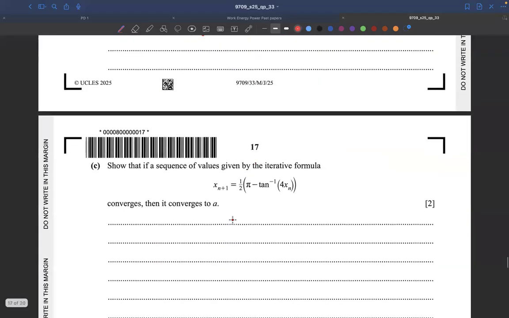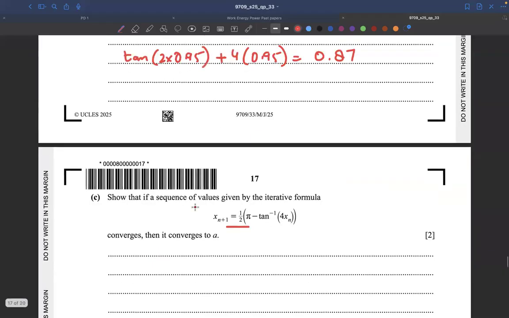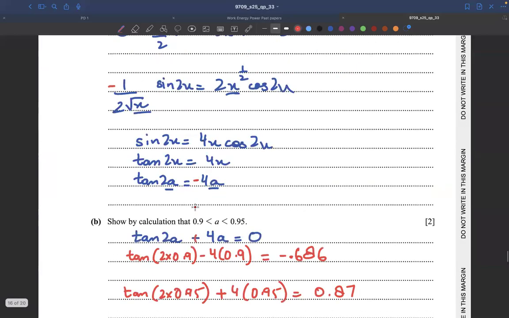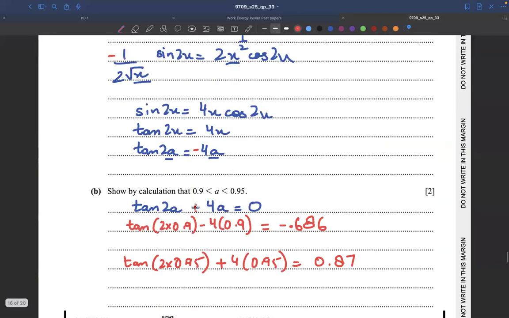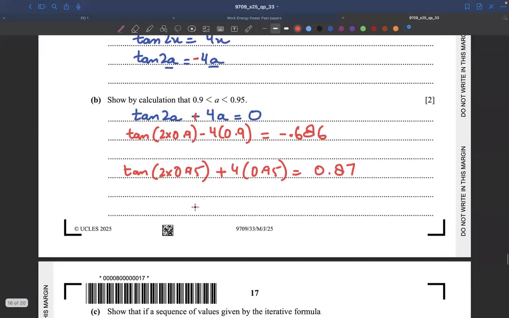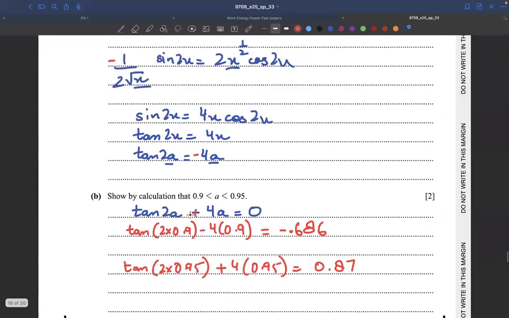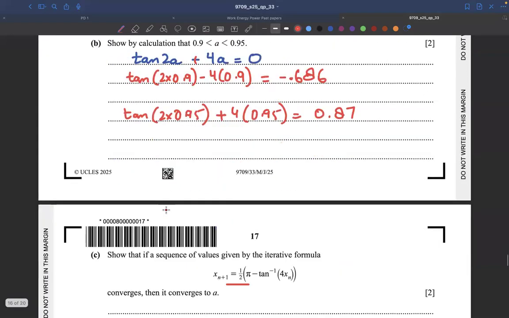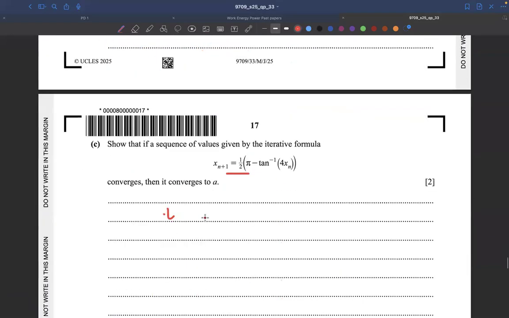It says to show that if a sequence of values given by the iterative formula converges, then it converges to a. So what we'll have to do is take the given equation that we had over here, tan 2a is equal to 4a, and we have to show that it converges to a.